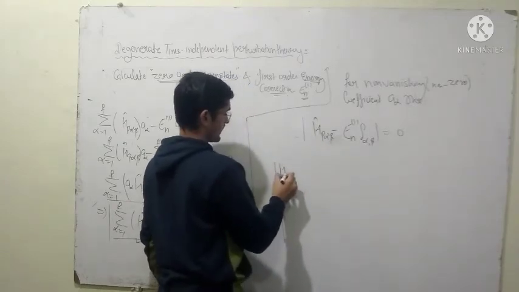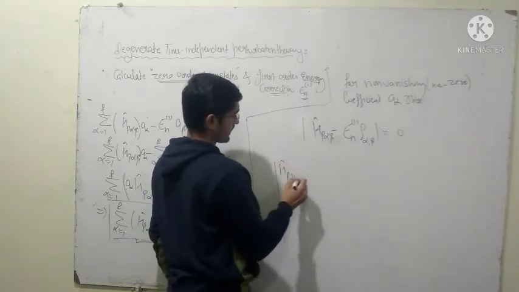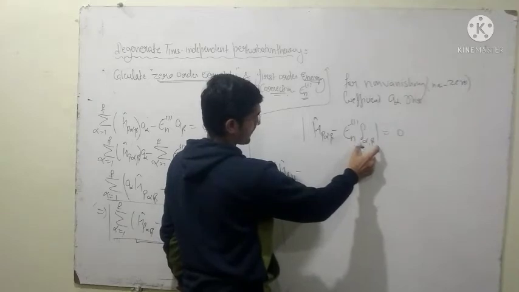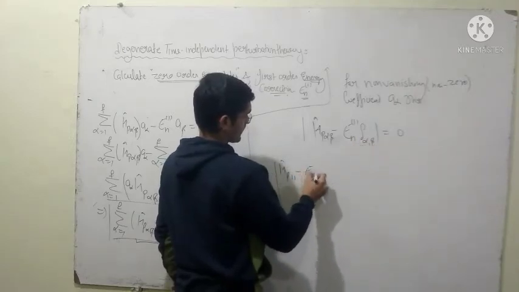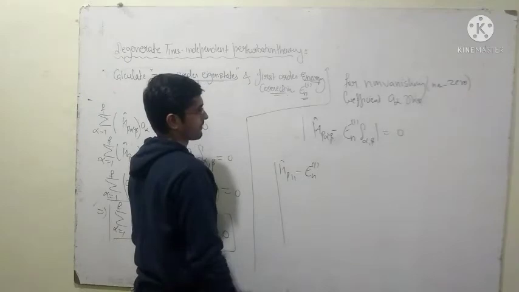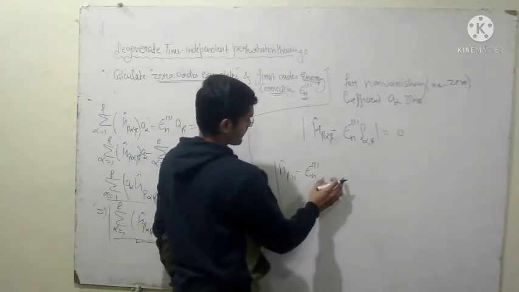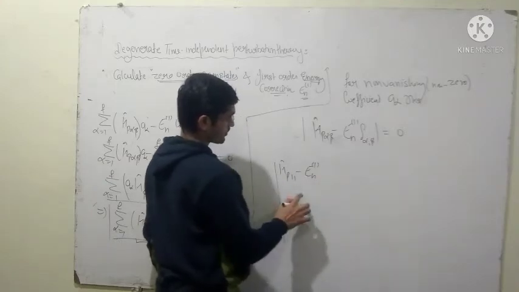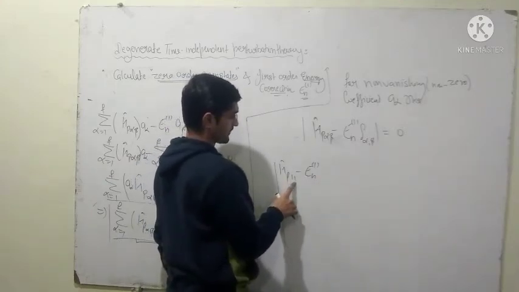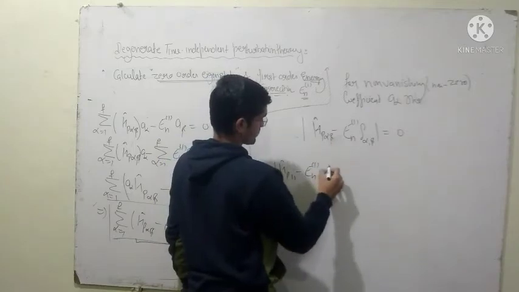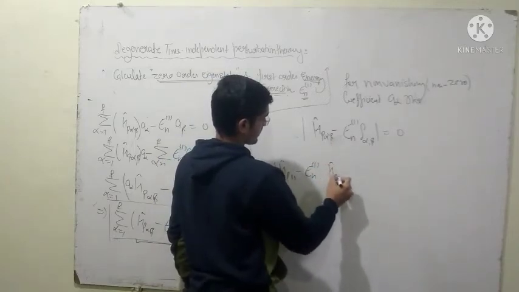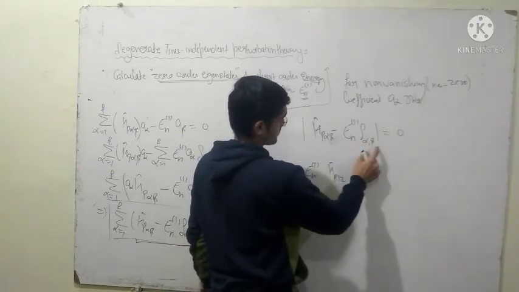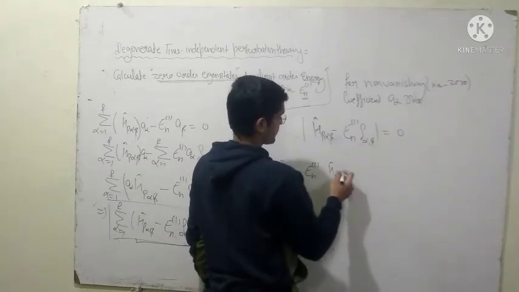So the first term will be HP11 minus En1, because alpha equals beta. The second term will be alpha 1 and beta 2, so it will be HP12, but for alpha 1 and beta 2 this particular term will be 0.